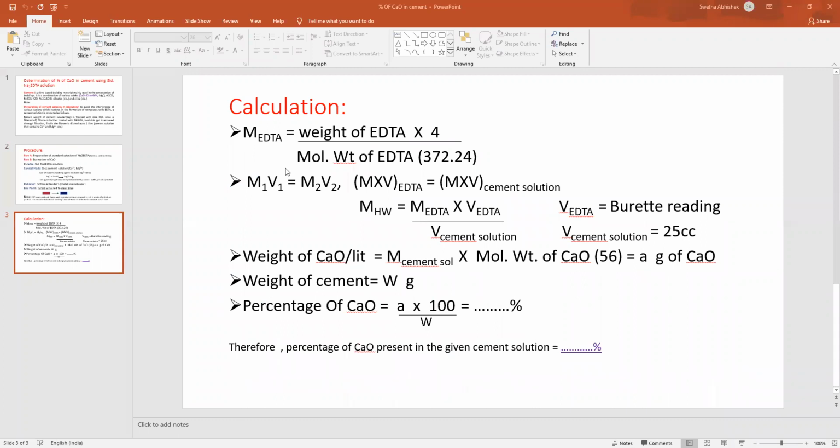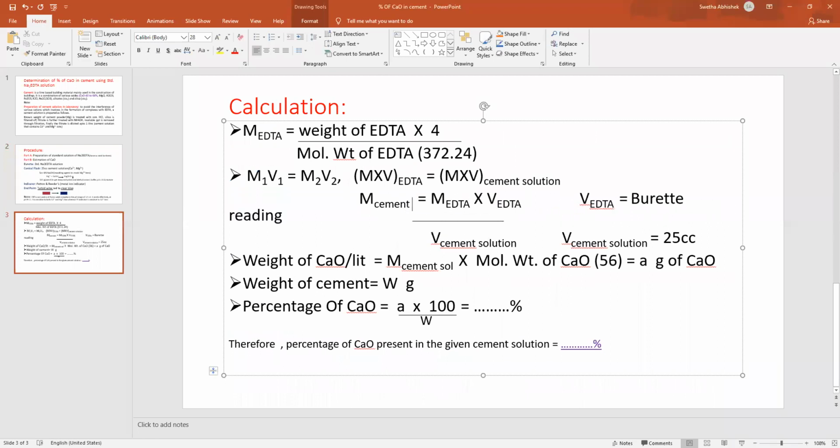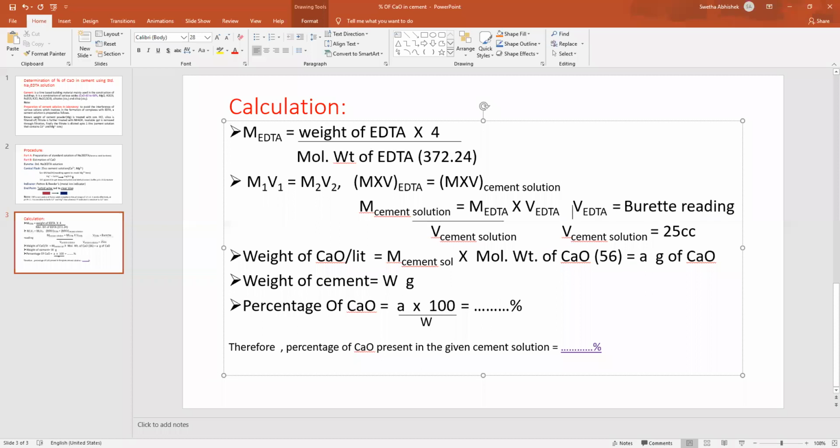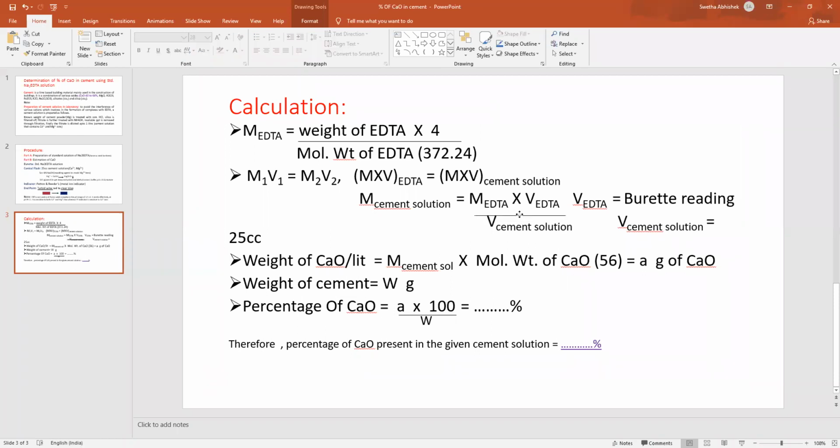So find out what is the molarity of EDTA. By knowing the molarity of EDTA, find out what is the molarity of cement solution, because cement solution is the analyte solution whose concentration is unknown.